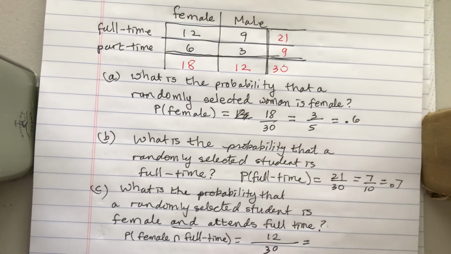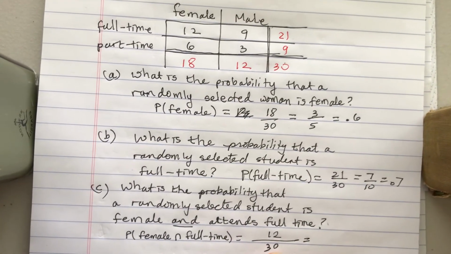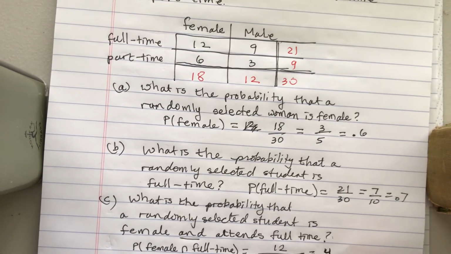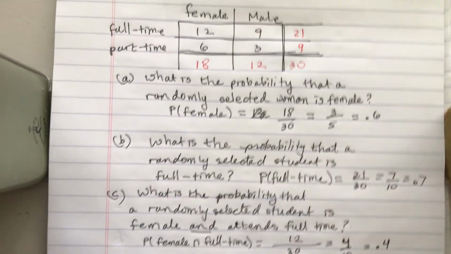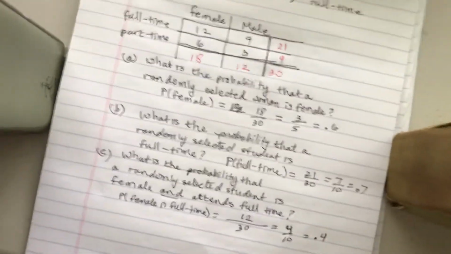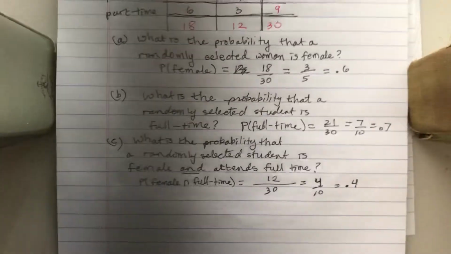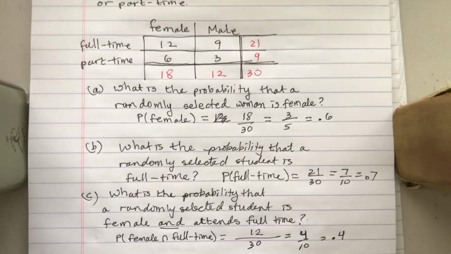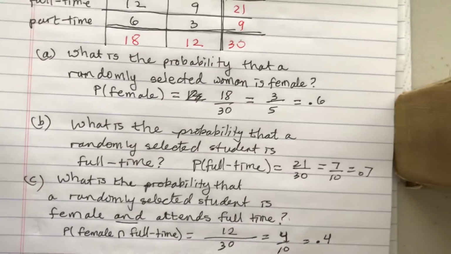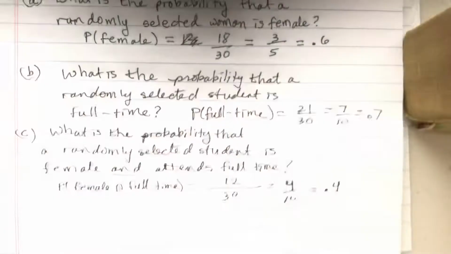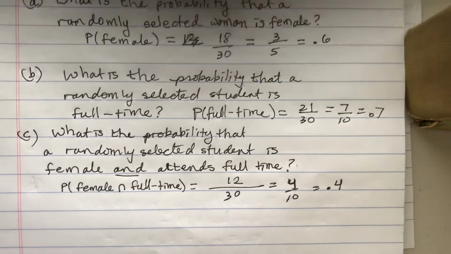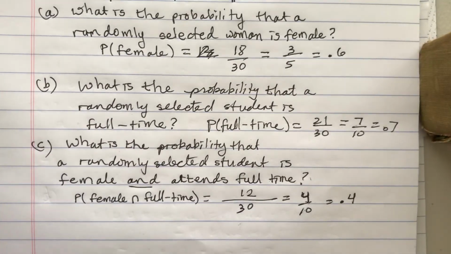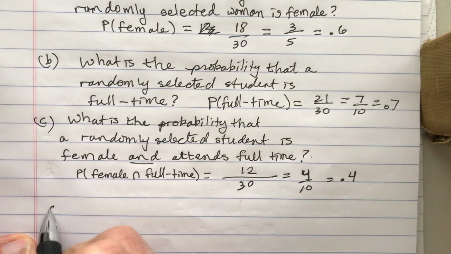We can divide both of these by 3 and get 4 over 10, which is 0.4. Sort of primitive technology here, but anyway, let's go on to D.